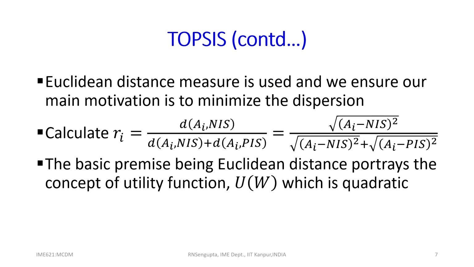Now, I consider the Euclidean distance and want to find it and normalize them. Using the Euclidean distance, our main motivation is to minimize the dispersion, because dispersion means the higher or lower the distance measure is from the NIS and the PIS.